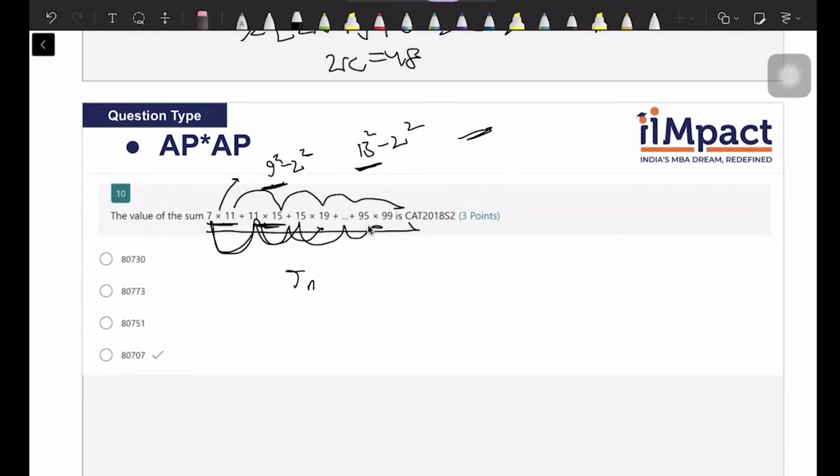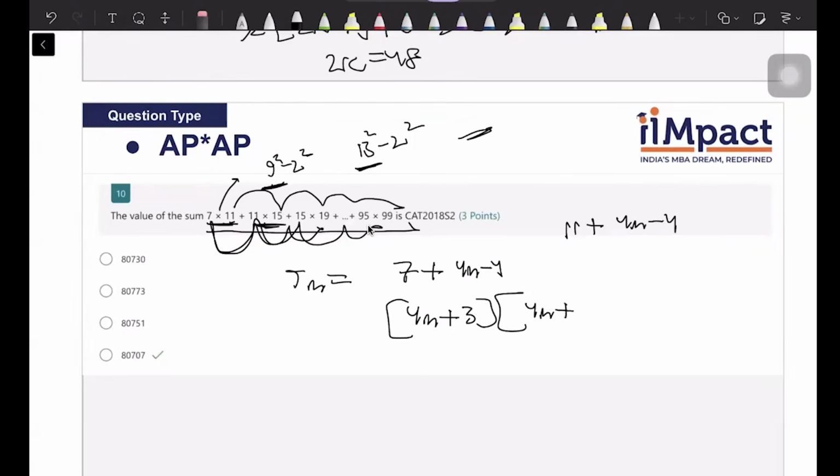So the Tn will be 7 plus n minus 1 into 4, right? So that is going to be 4n minus 4, so this is 4n plus 3, correct? Into this will be 11 plus 4n minus 4 again. So this will be 4n plus 7. So 4n plus 3 into 4n plus 7.